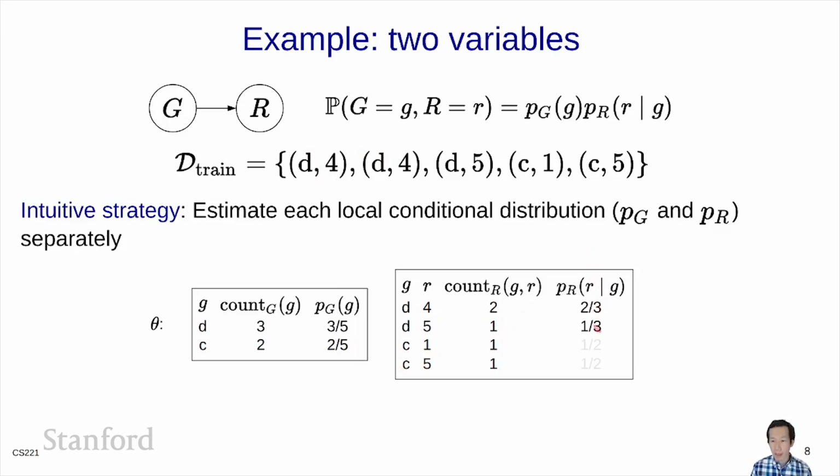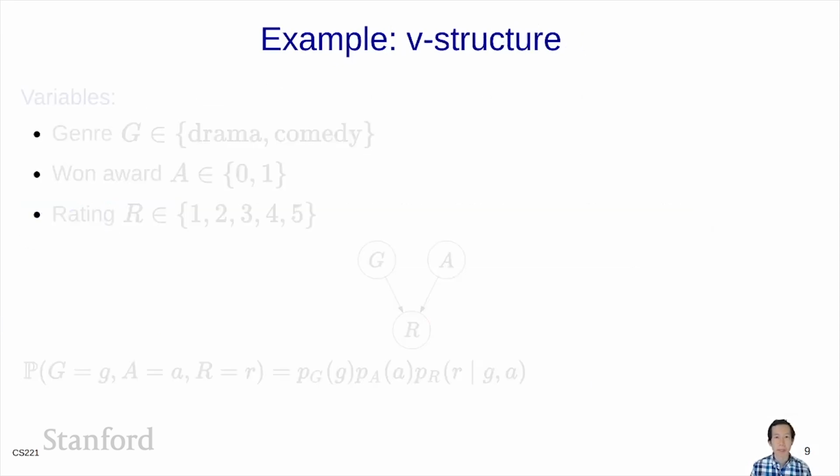And now I count and normalize, and I get my probability estimate of R given G. Okay, so far so good. So in summary, consider each local conditional distribution separately, and then count based on the slice of the data that matters and normalize.